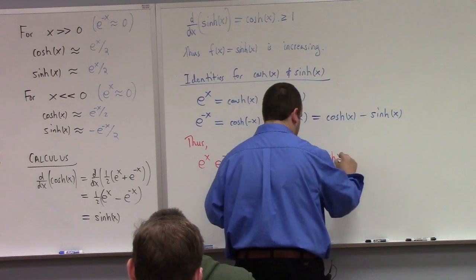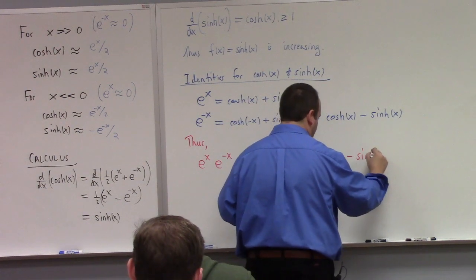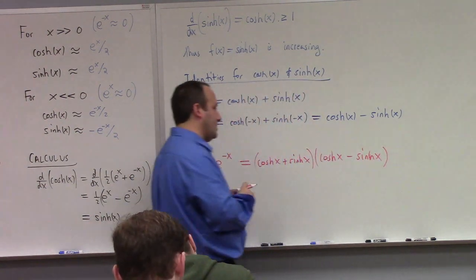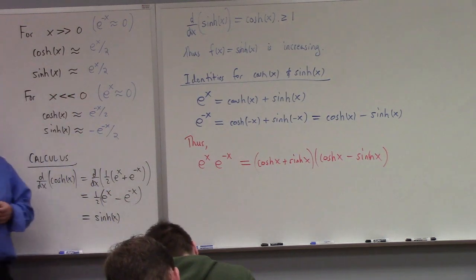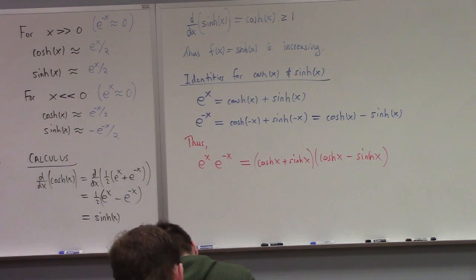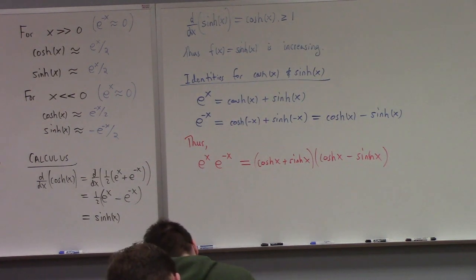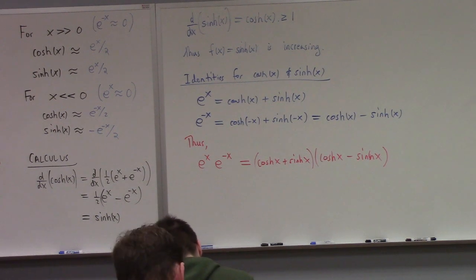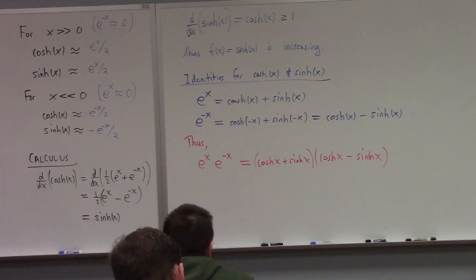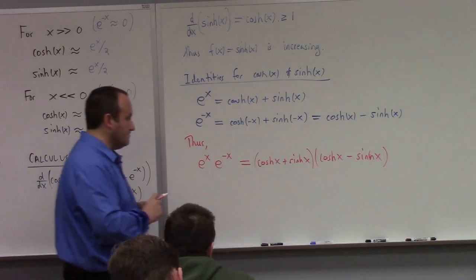Times cosh x minus sinh x. That's like a plus b times a minus b, right? Which is factoring the difference of perfect squares, a squared minus b squared. So we multiply that out, the cross terms cancel. We should get what? We should get cosh squared minus sinh squared on the right-hand side. Yeah?